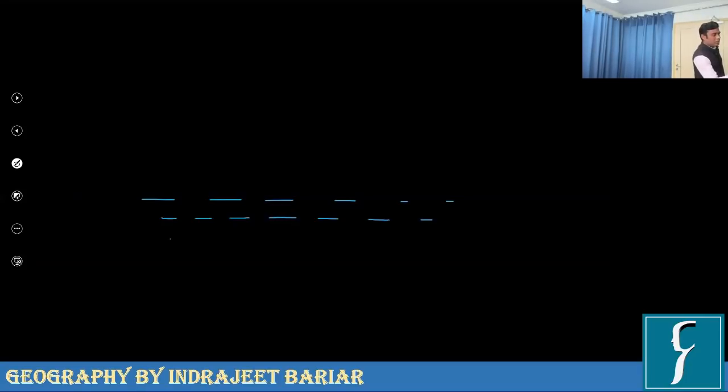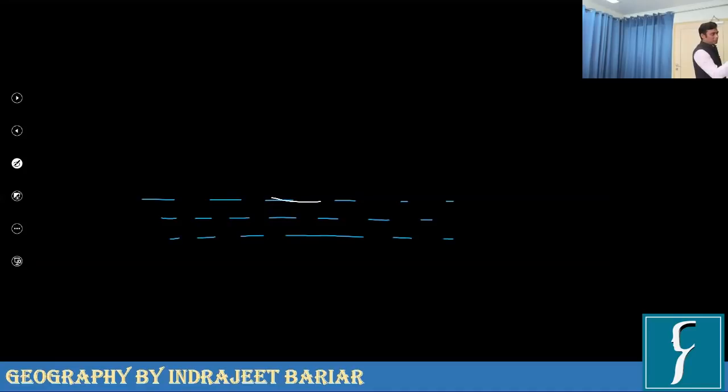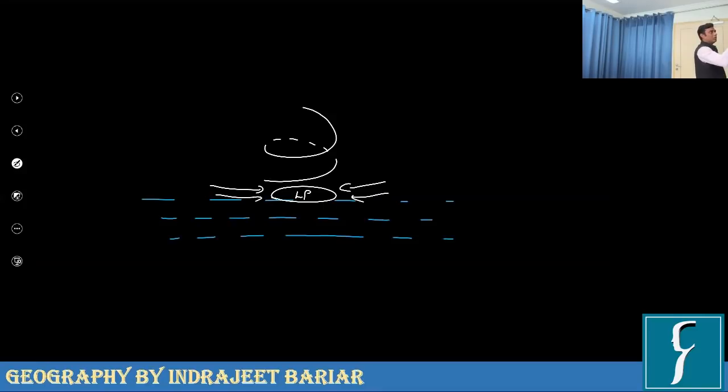So what we'll see again is the low pressure system over here. And what we have drawn is air converging in and starts spiraling upwards. This portion is what we are calling the eye, the central portion where the air is not reaching.